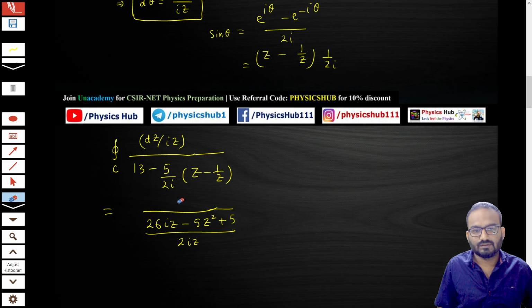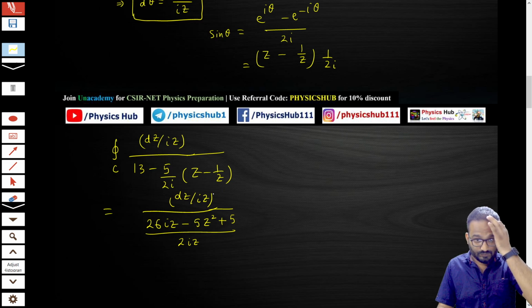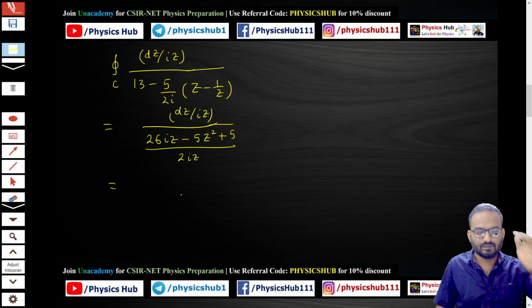Just keep it like this, we will not jump any step. So this is dz by iz. So we have taken the LCM 2iz and we have got this, and what will be its value?